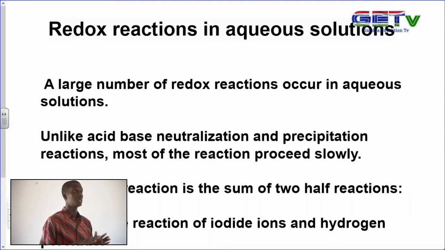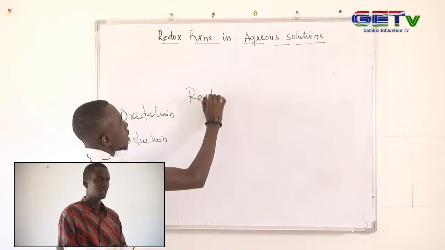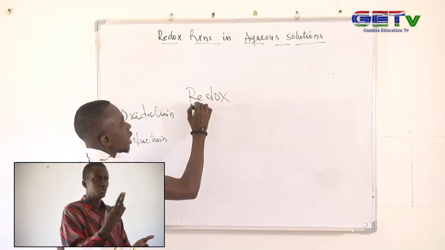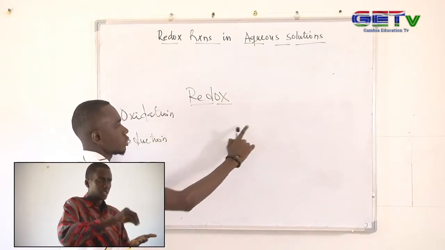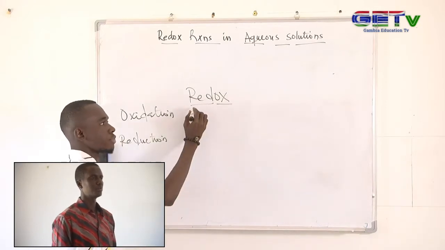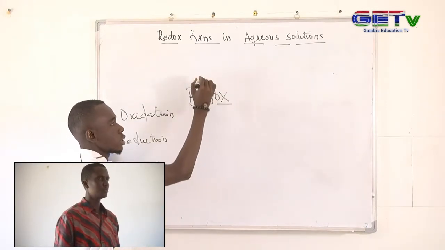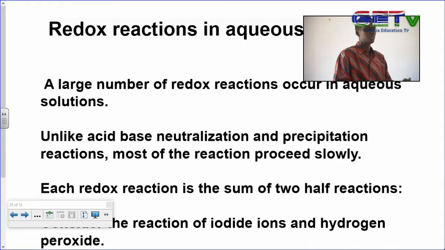Now, each redox reaction is the sum of two half reactions, because the name is redox, that is red and ox. It means a full redox reaction should be composed of reduction and also oxidation.